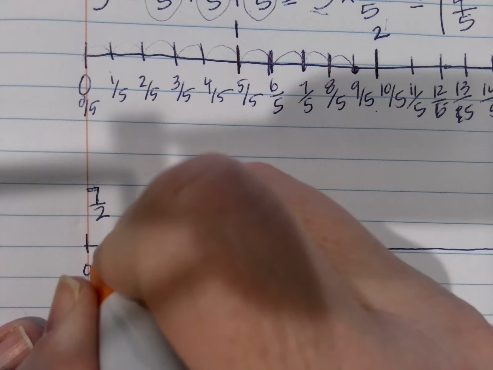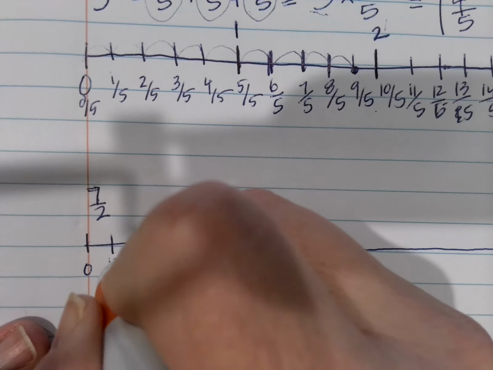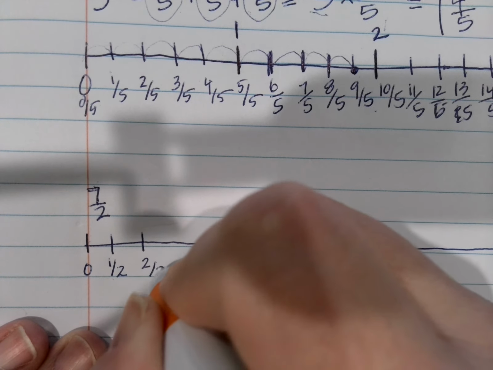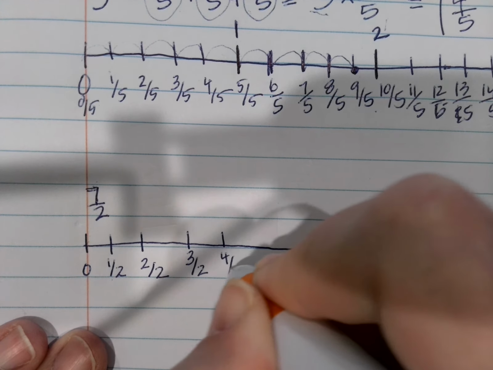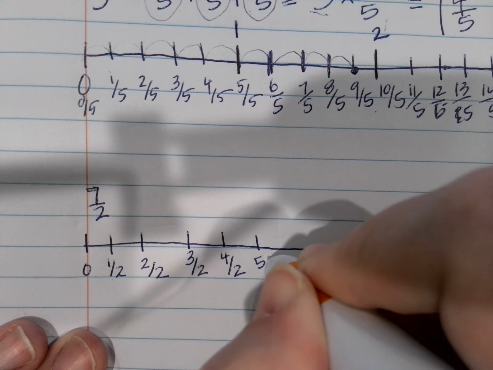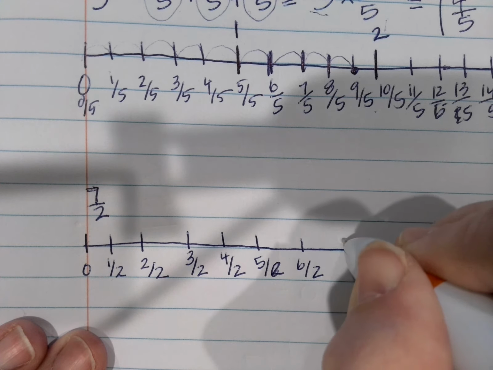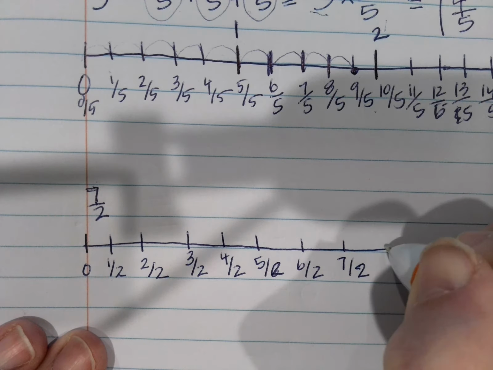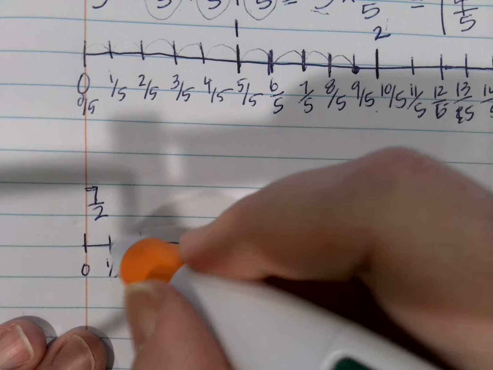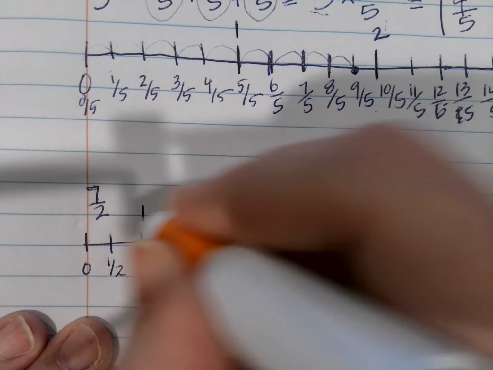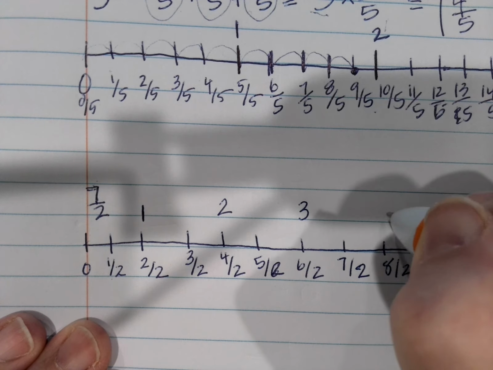So this is half, 2 halves, 3 halves, 4 halves, 5 halves, 6 halves, 7 halves, 8 halves. I'll just stop right there. Okay, so every 2 intervals is a whole number. 1, 2, 1, 2, 1, 2.